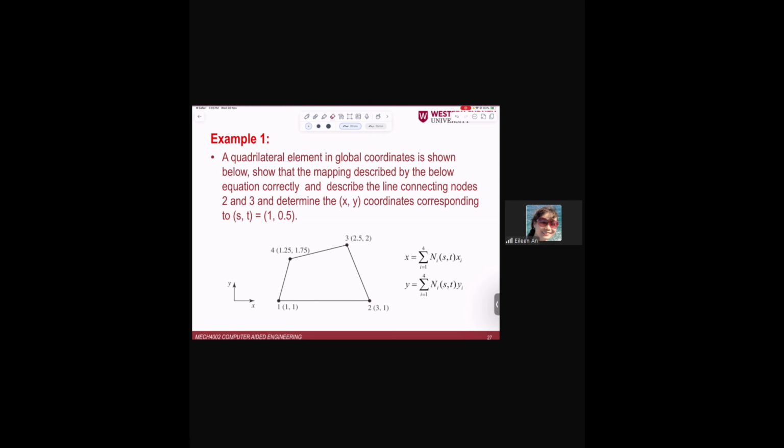Now, I want you to find a point P. What we know is this point P in its local coordinate system is located at 1 and 0.5. Where is P in this real element then?